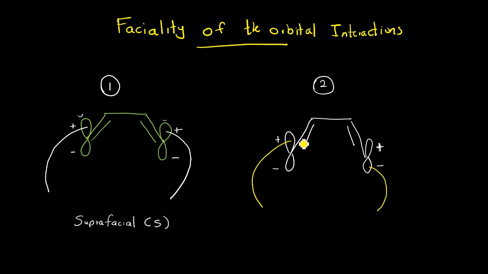As you can see, now the two interactions are from different sides. In the earlier case, both interactions had to be from the same side, either positive or negative. If it happens like this, one from the positive and the other from the negative, then it's not suprafacial. In this scenario we call it antarafacial. Let me write it.